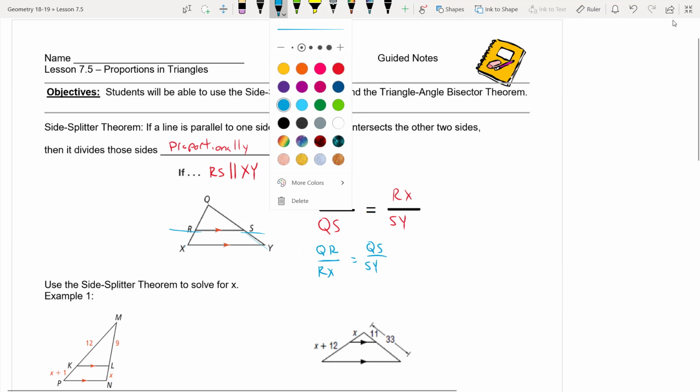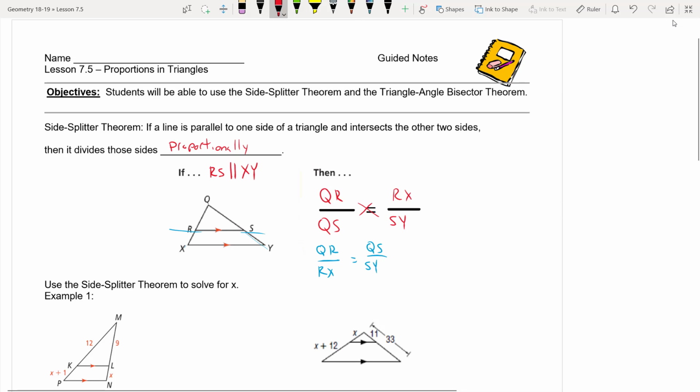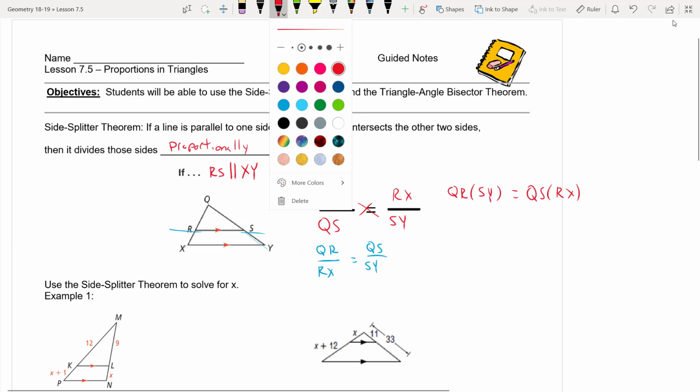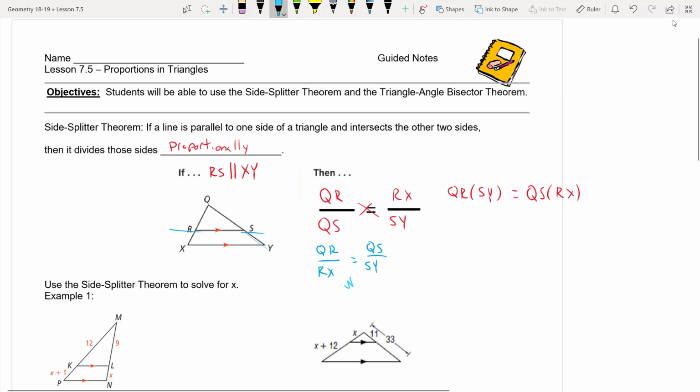If I go back to my red and I cross multiply here, I have QR times SY equals QS times RX, whatever those measures are. If I then switch to my blue again and cross multiply again, I have QR times SY equals QS times RX.